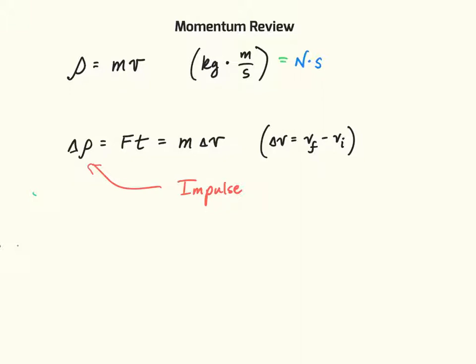It's also important to know that impulse is a change in momentum, so the units for impulse are simply the units for momentum, kilograms times meter per second. So just to recap, the concept of momentum is pretty basic: if an object's moving, it has momentum, and changes in momentum, impulses, are caused by forces applied over a certain duration of time.